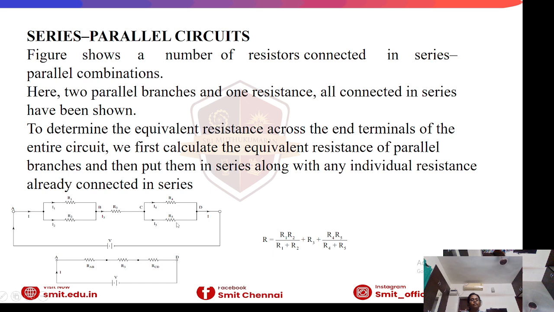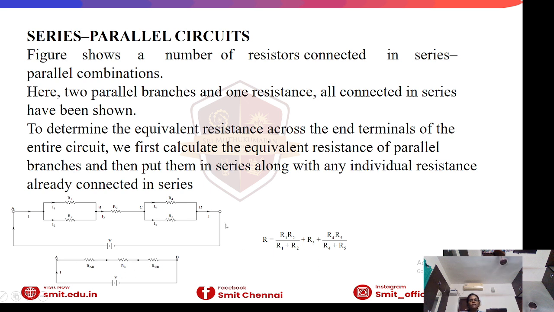Similarly, R4 and R5 are connected in parallel. So first these two are to be reduced, and similarly R4 and R5 are to be reduced, then these are connected in series as shown here, RAB plus R3 plus RCD. These are the two branches, and these two nodes are mentioned here.